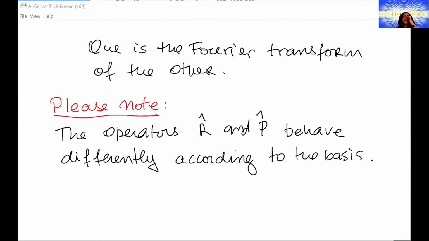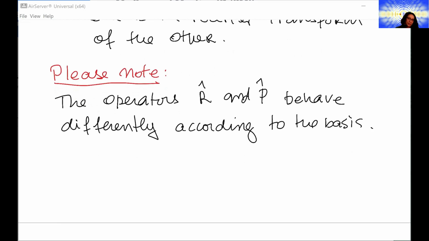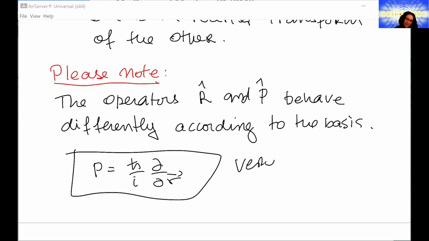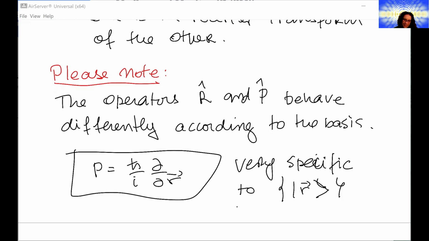The point that I'm going to argue is that you're all used to saying that P is something like h bar over i nabla R. This is really, really specific to when you are working in the R representation.